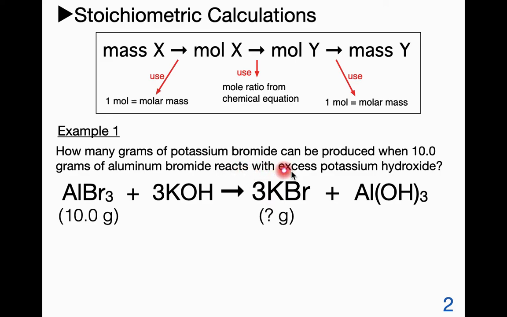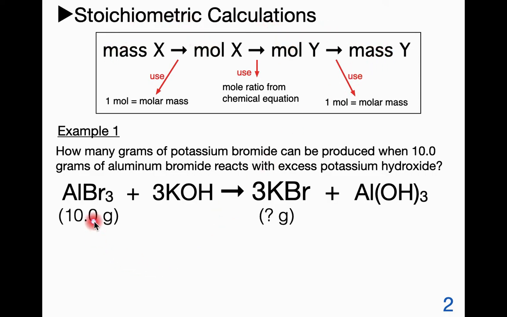The excess potassium hydroxide simply means that we have all of it that we need. We don't need to worry about running out of it. So if I had 10 grams of aluminum bromide, how many grams of potassium bromide could I make? For our little flow chart here, the aluminum bromide will be X and the potassium bromide will be Y. And so we're going to be converting using these steps.